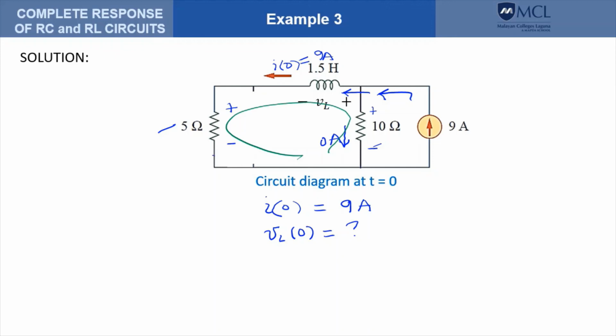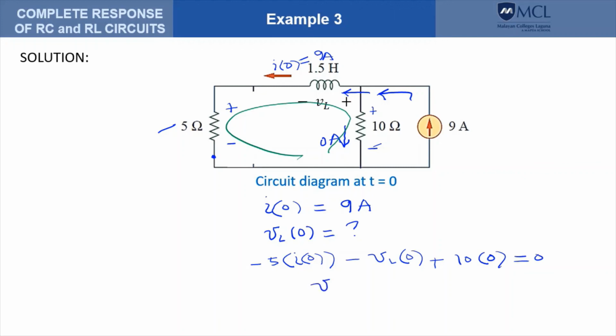So starting from here, it will be minus 5 times I at t equals 0, minus V L at t equals 0, plus 10 times the current through the 10 ohms, which is 0, equals 0.